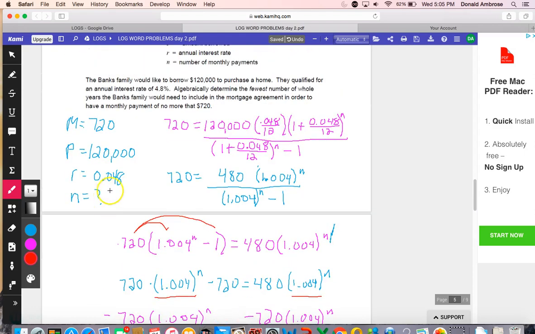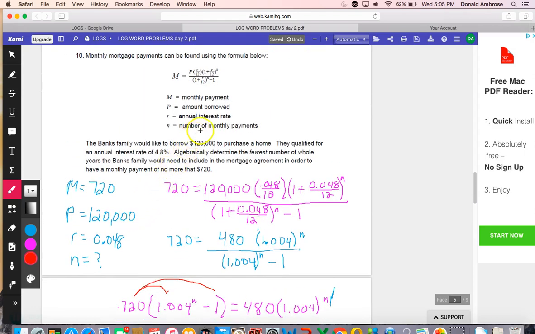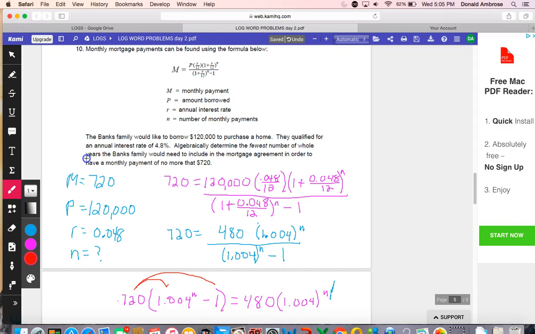But the tricky thing is that in the problem, n represents the number of monthly payments, and they wanted to know what are the number of years. Right? We have to solve the number of whole years that will be required for the bank to pay off their loan.